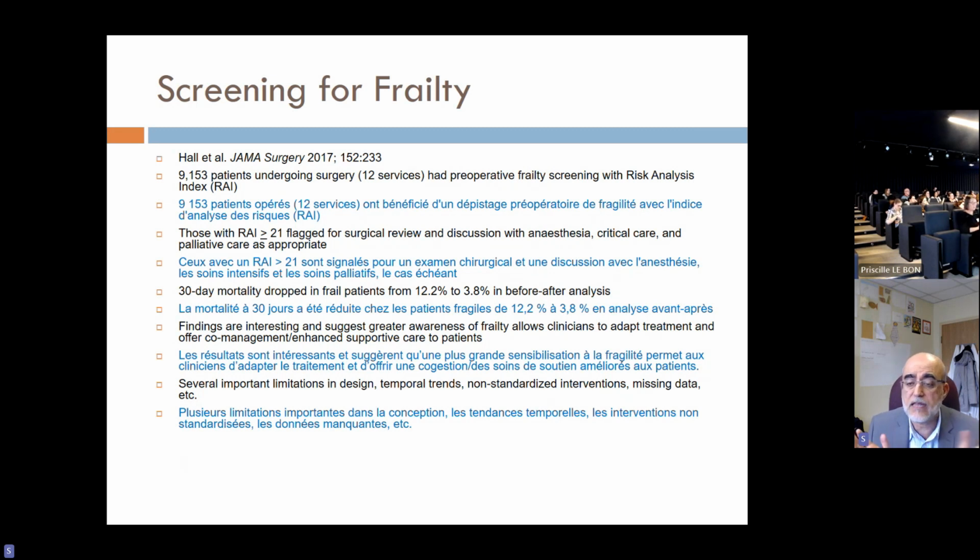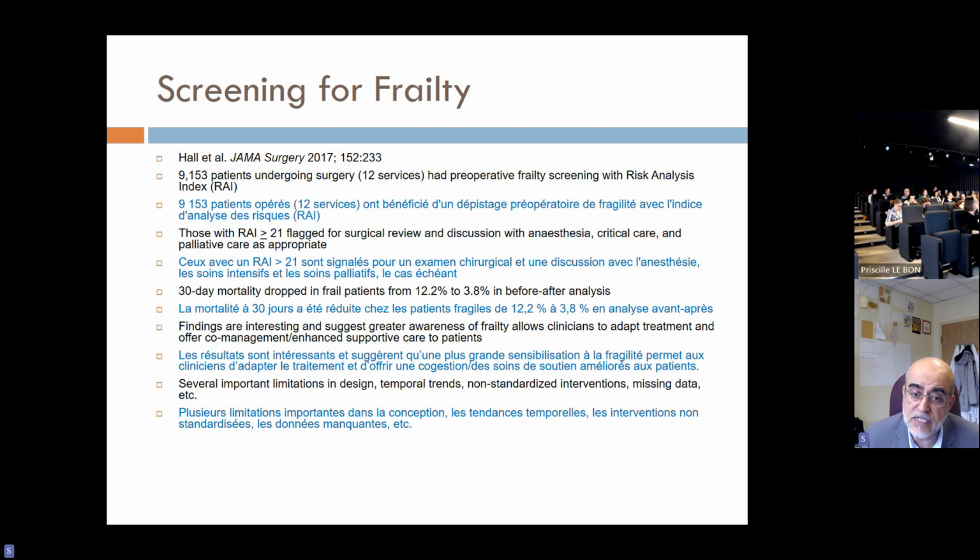And what they found, and this was not a randomized trial, but a before-after analysis, was the 30-day mortality decreased in people from 12% down to 3.8% when they used this tool and had a careful discussion and modified surgery, modified anesthesia, or sometimes did not even offer surgery.